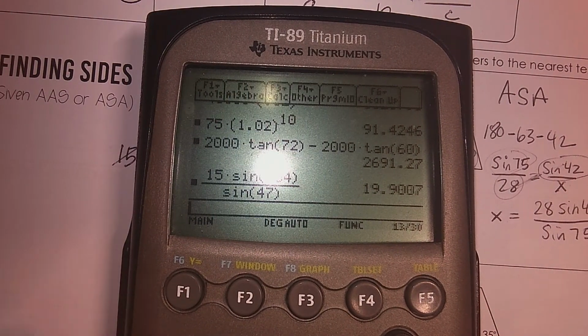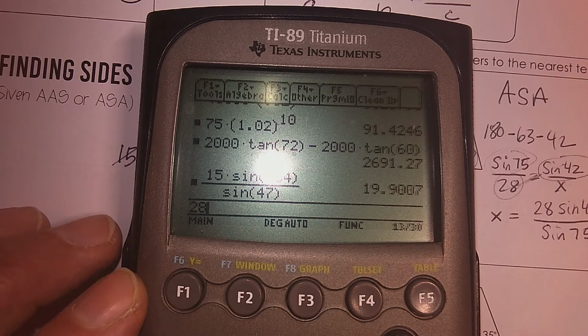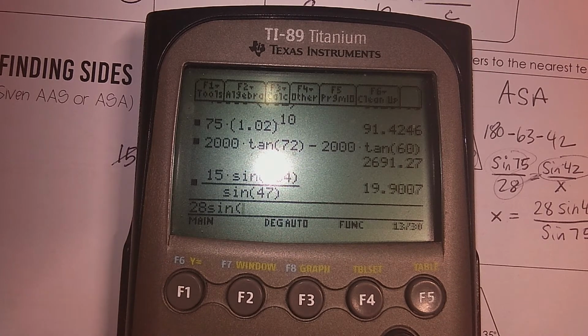So type in 28 sine 42 divided by sine 75, diamond enter.